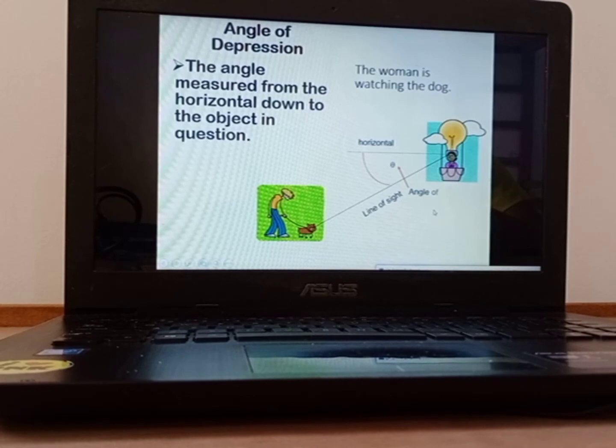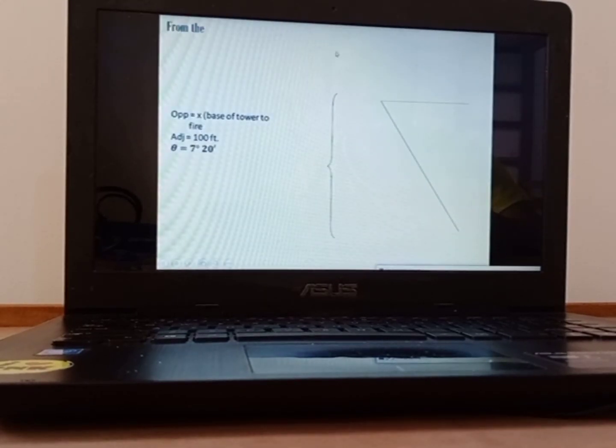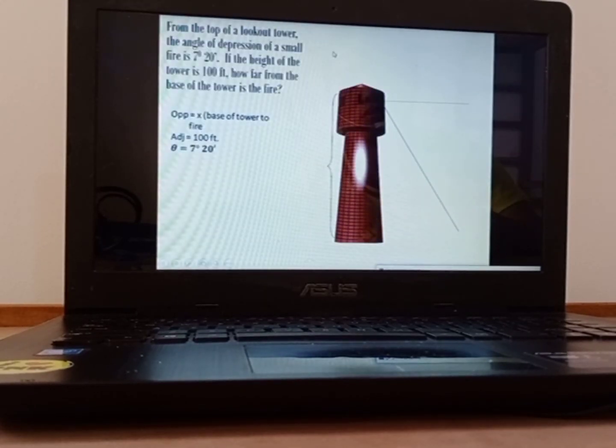So for example, from the top of a lookout tower, the angle of depression of a small fire is 7 degrees and 20 minutes. If the height of the tower is 100 feet, how far from the base of the tower is the fire? Let's understand our problem.